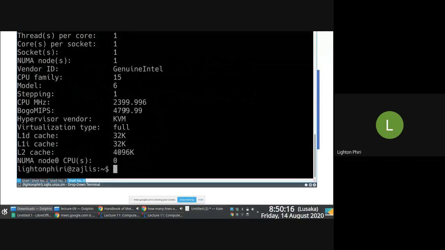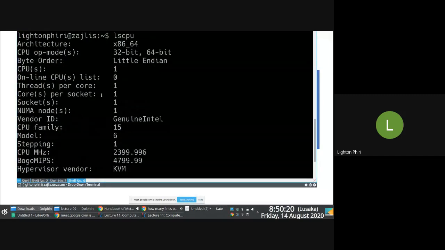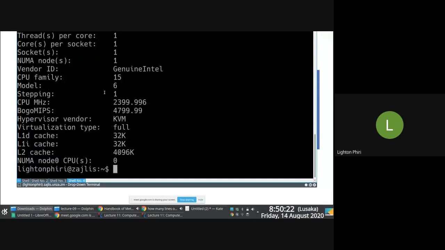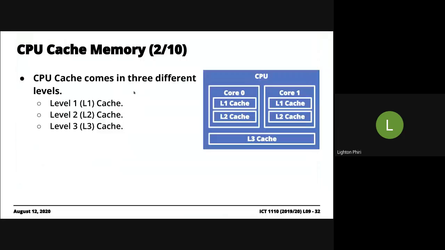Okay, that's quite sad. So the idea would be that you have level 1 caches associated with the individual cores, and then you have level 2, which is shared by all the cores associated with the CPU.